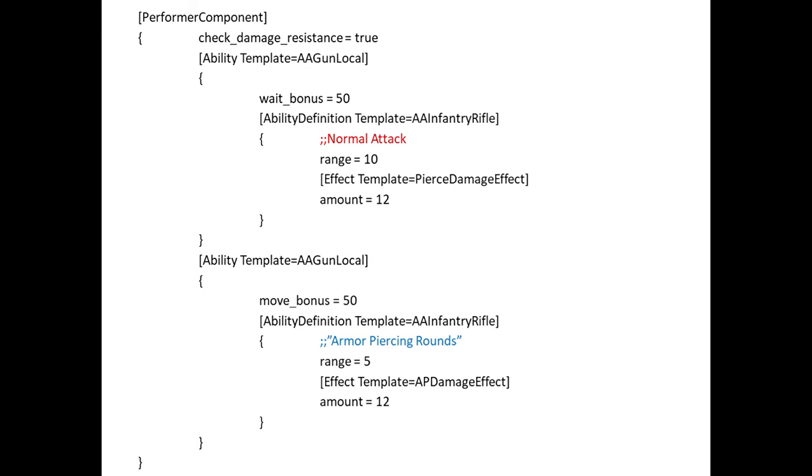So this is an example of how using ability priorities, specifically the bonus values assigned to priority, and the check damage resistance tag, we can make our basic combat units much more intelligent in how they use their abilities and when.